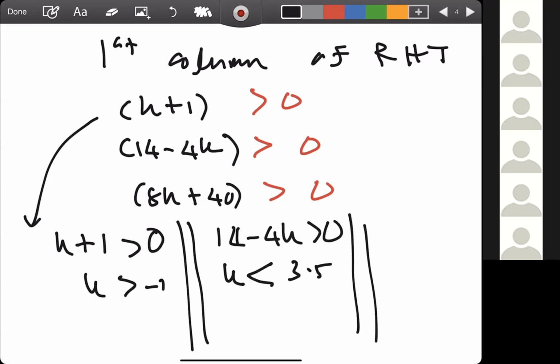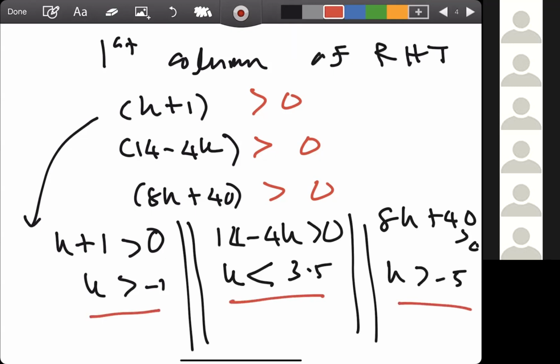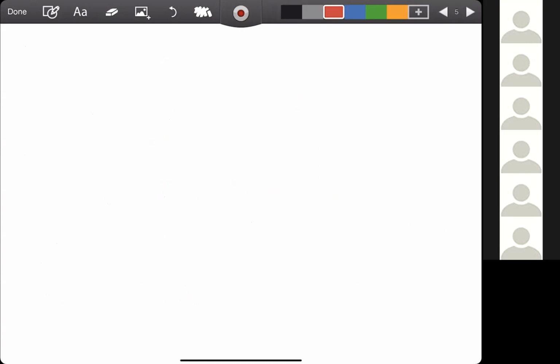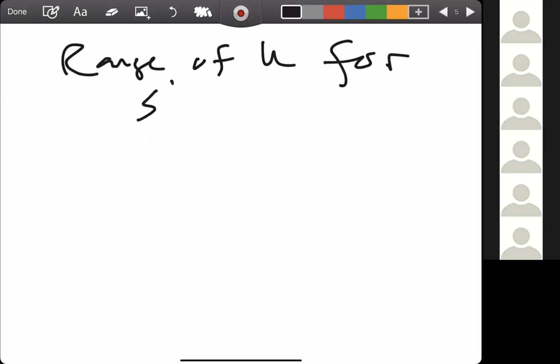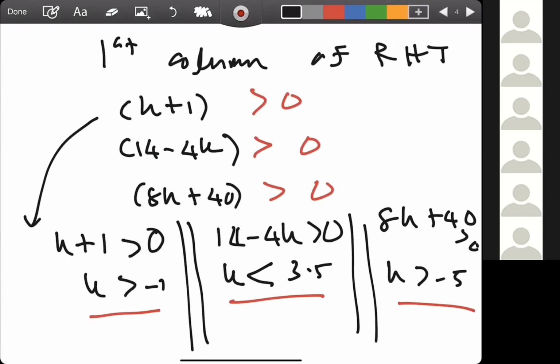And 8K plus 40 greater than 0, so K is greater than minus 5. So the range of K for stability is 0 to 3.5, taking the positive number.